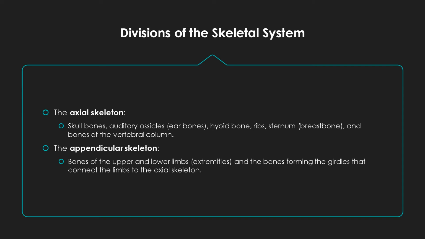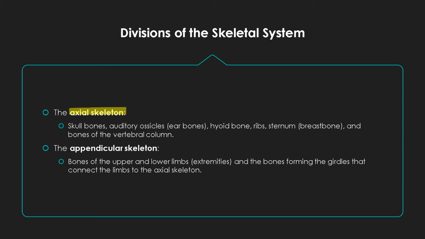Now you can remember the names of the divisions if you think of the axial skeleton as being bones that lie around the longitudinal axis of the human body. So if you draw an imaginary vertical line that runs through the body's center of gravity from the head to the space between the feet, you're going to get all the bones within the axial skeleton.